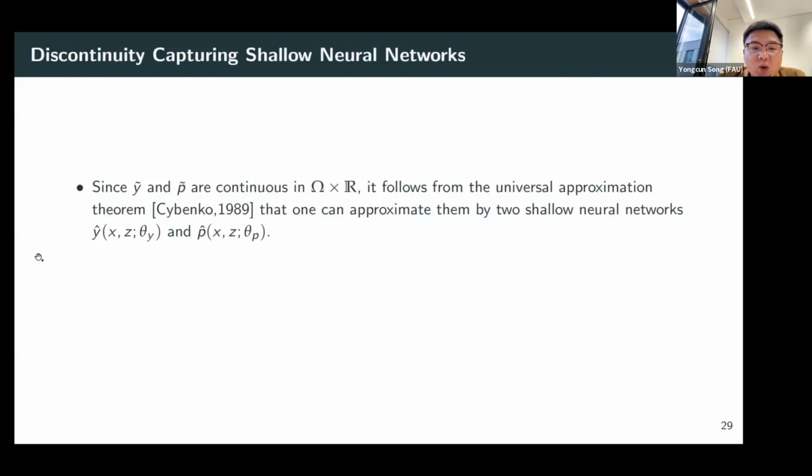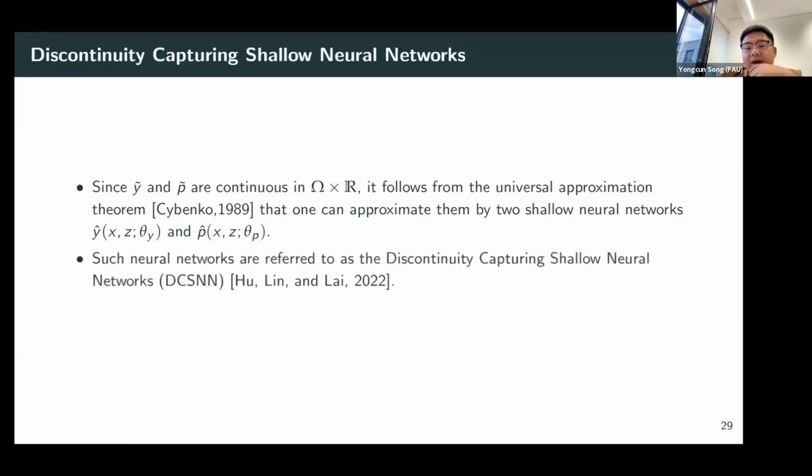Since y tilde and p tilde are continuous in this augmented space, it follows from the universal approximation theorem that one can approximate them by two shallow neural networks, y hat and p hat. Such neural networks are referred to as discontinuity capturing shallow neural networks. And then PINNs can be applied.